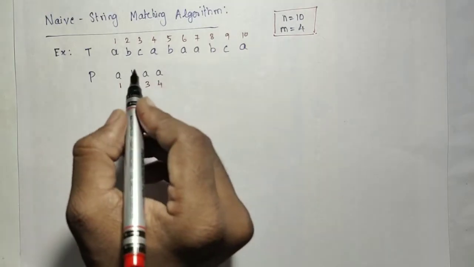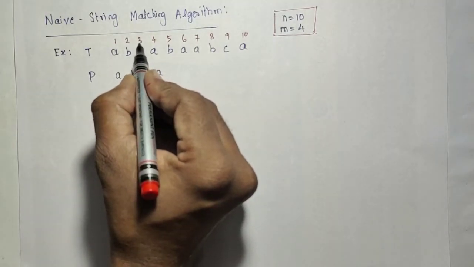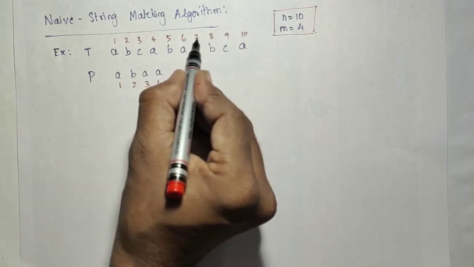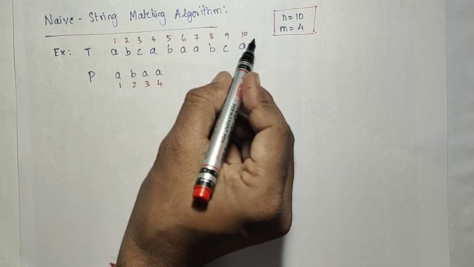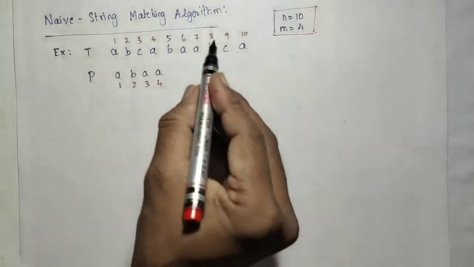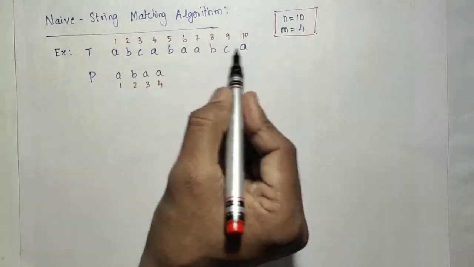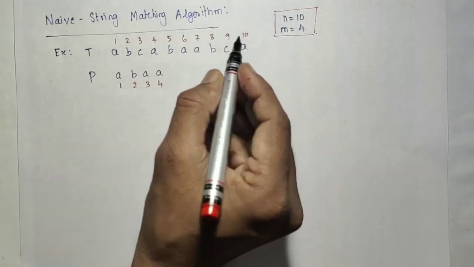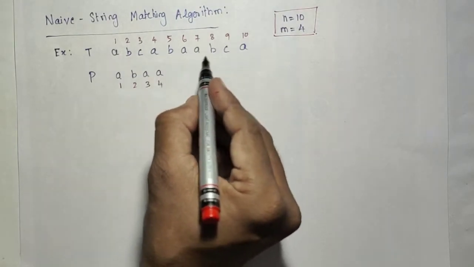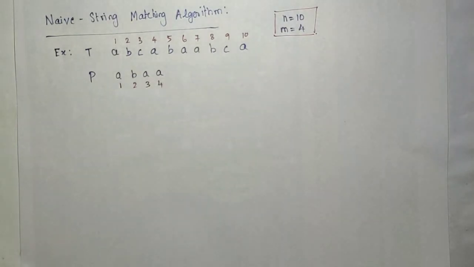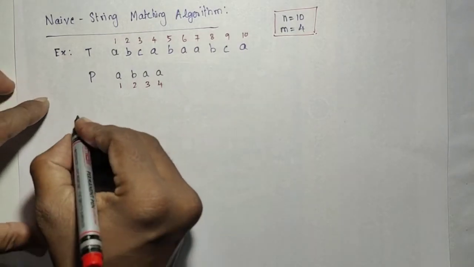Then you compare 3 to 6, 4 to 7, 5 to 8, 6 to 9, and 7 to 10. So up to 7 we can stop. Thereafter the length will be less, so we can stop. The last comparison is the last 4 characters. You start with the first 4 characters and end with the last 4 characters. This many comparisons we need. If found, it is found. That is the algorithm. So we need to start with s equal to 0.